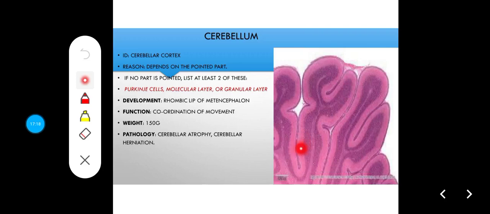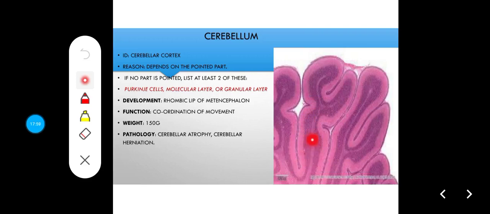So the margin of this pale staining area and this deep staining area is a layer of Purkinje cells, and then this deep staining area represents the granular layer. So you have the molecular layer, then a single layer of Purkinje cells, and then an inner granular layer, which is this deeper staining part.